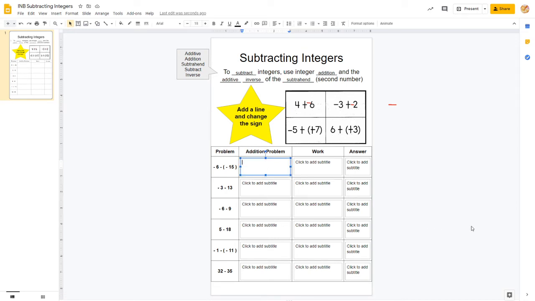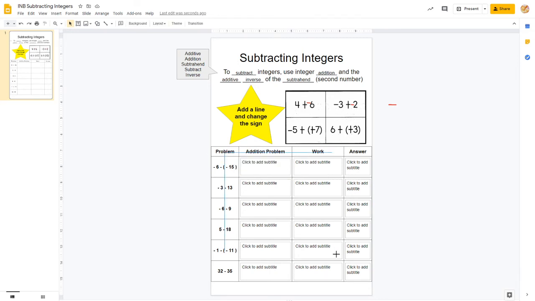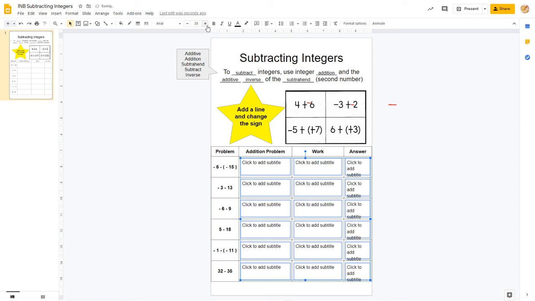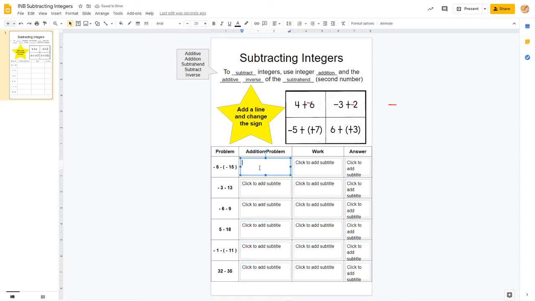So here it's asking for this first column to be the addition problem, similar to what we did up here, and the second one to be the work, similar to what we did last time. So my addition problem is going to be -6 plus 15, because I changed this to a plus sign and changed this to a plus sign, which is +15.